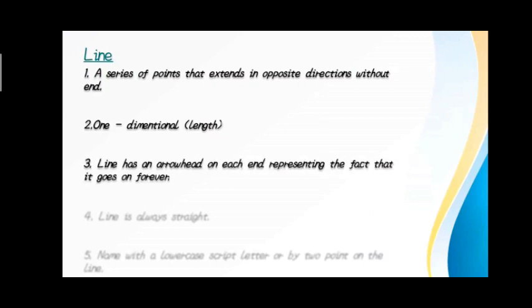Third, a line has an arrowhead on each end, because it represents the fact that it goes on forever, whether you extend from the other side or from that side. Fourth, a line is always straight.